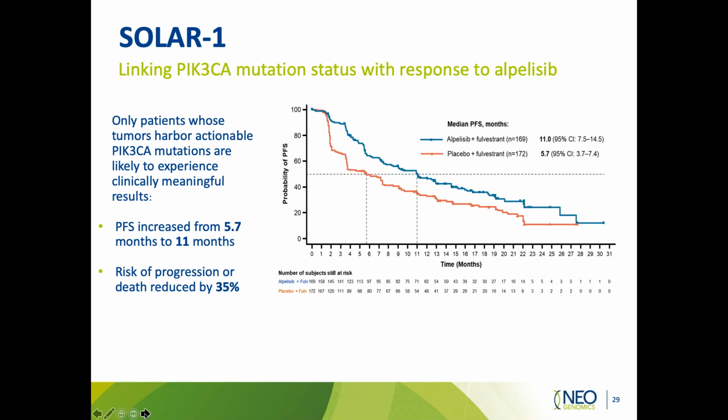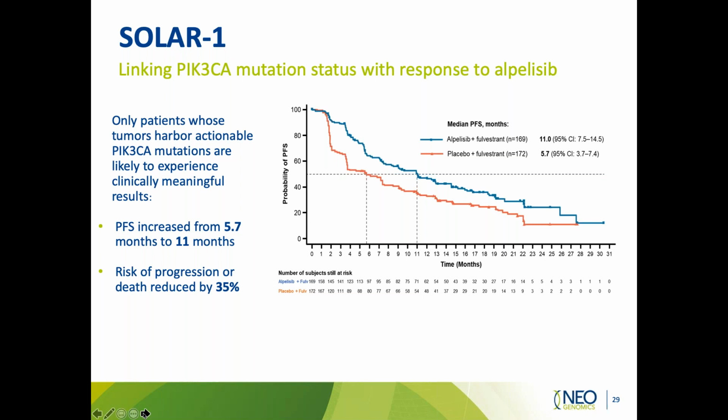They were as impressive as therapeutic results can be. First of all, only patients whose tumors harbor actionable PIK3CA mutations were likely to experience clinically meaningful results. The survival curve differences in the PIK3CA mutation negative group were not significant.